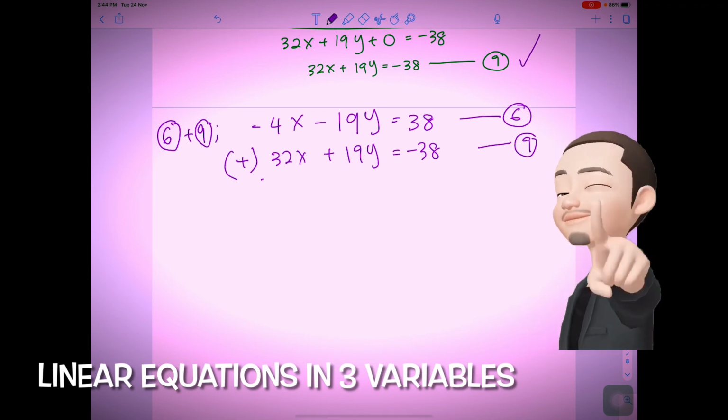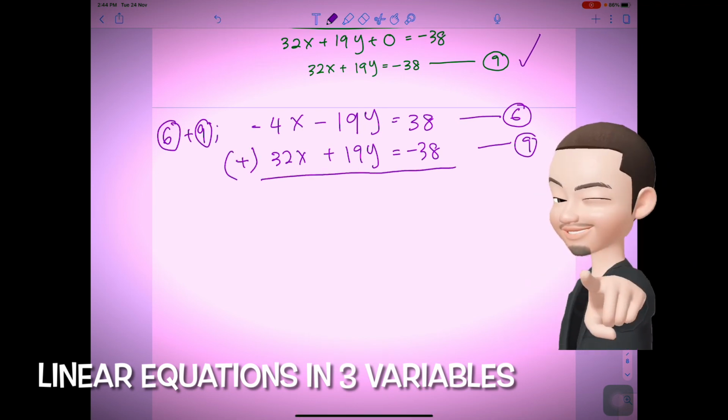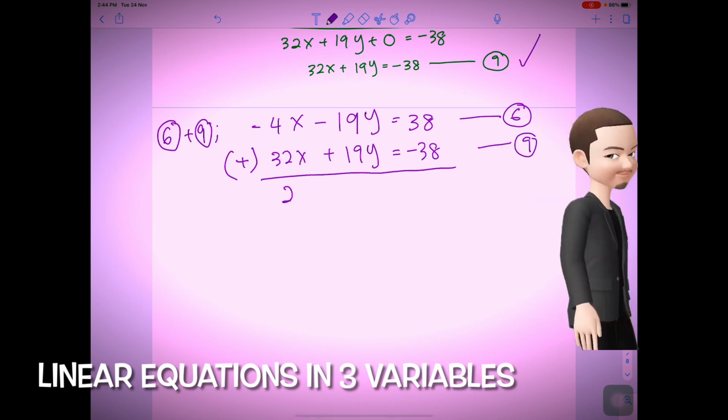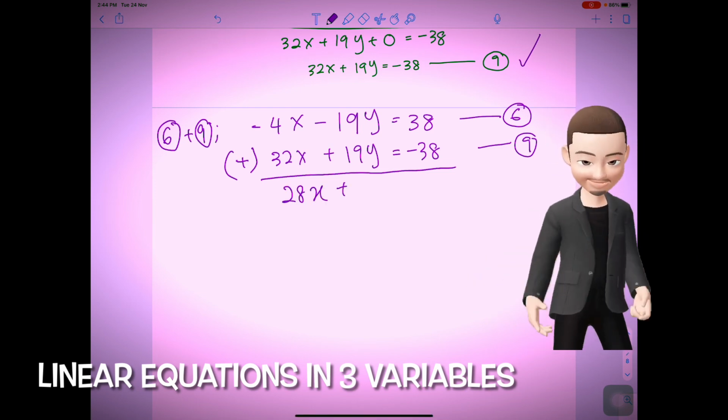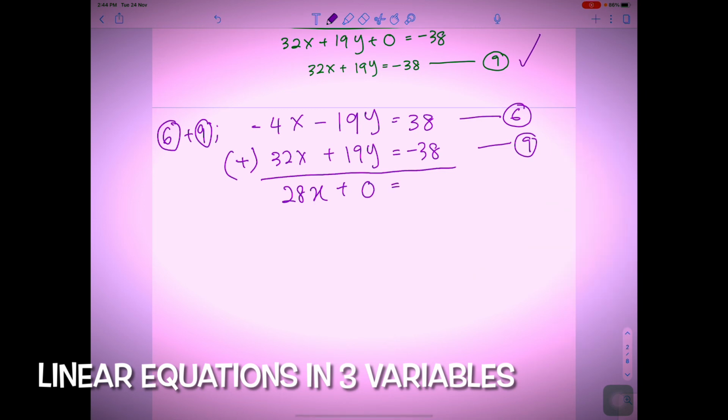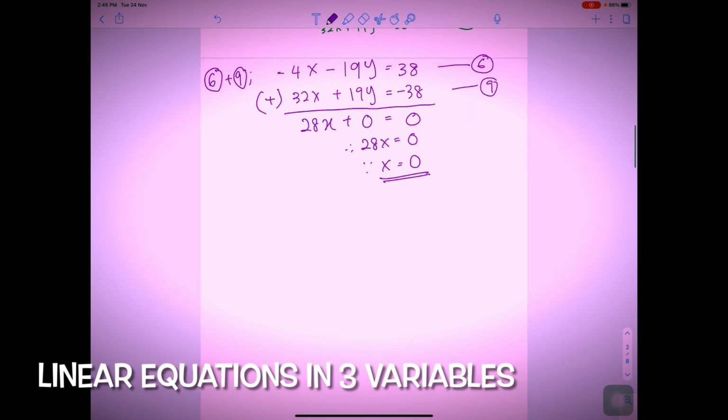Negative 4x plus 32x gives 28x, and negative 19y plus 19y equals 0, and 38 plus negative 38 is also 0. So we get 28x equals 0, therefore x equals 0.